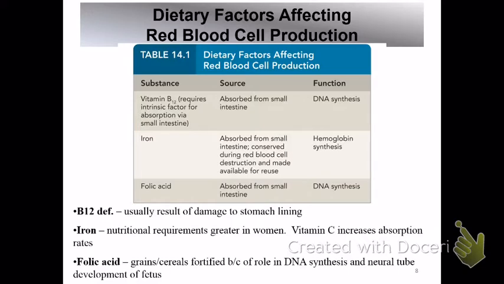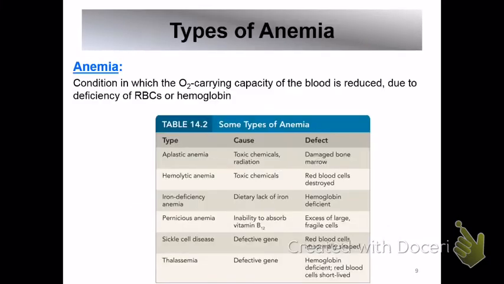And then folic acid you get from eating grains and cereals, DNA synthesis. And so the folic acid, I know that's a big deal. When you're pregnant, you take the vitamins with folic acid in them to help with development of the fetus during brain development. So if you don't take the folic acid, the brain won't develop appropriately.